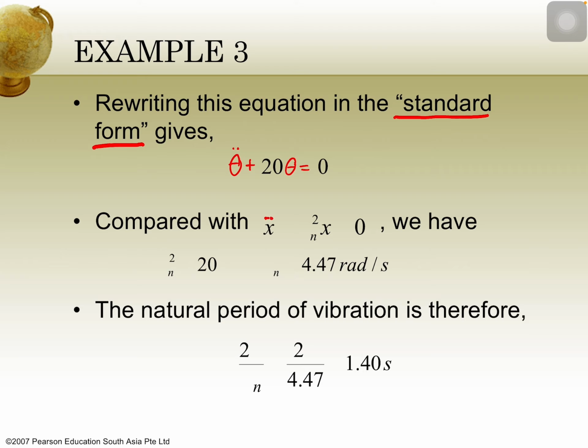Now we compare with the formula that we have. You need to memorize this formula, the free vibration differential equation, and we will get the value of the natural frequency, with the square root, and then we can get this value.